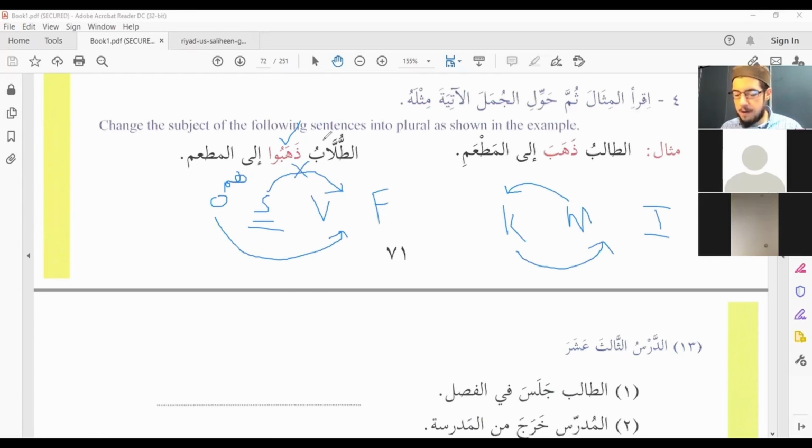For example, if you have ذهب الطلاب, you've already communicated the idea of the verb, and then the subject clarifies precisely how many people are doing it. So perhaps it's seen as redundant to say ذهبوا الطلاب. But I don't know.